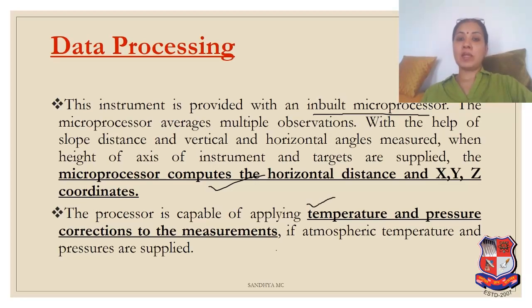It will automatically give the correction for temperature and pressure according to the site. According to the climatic conditions from one location to another, there are chances of some corrections due to temperature or pressure differences. This processor can apply these corrections automatically.